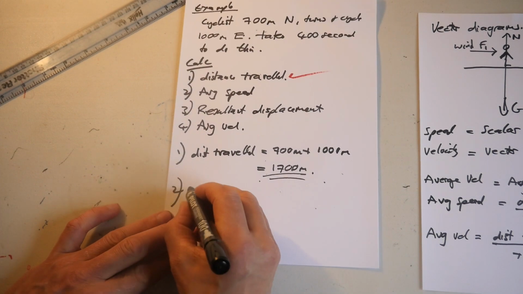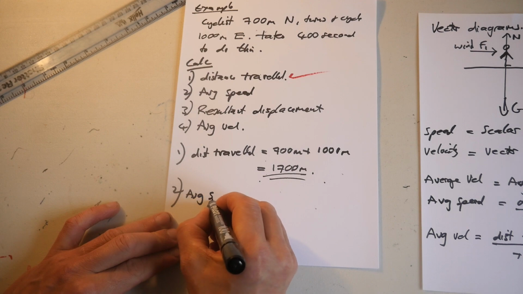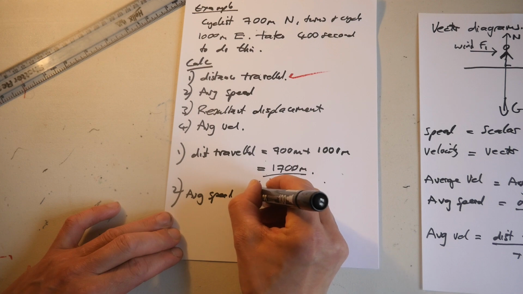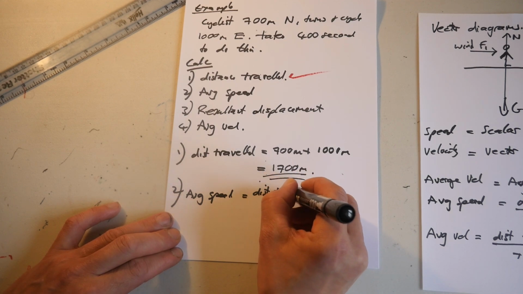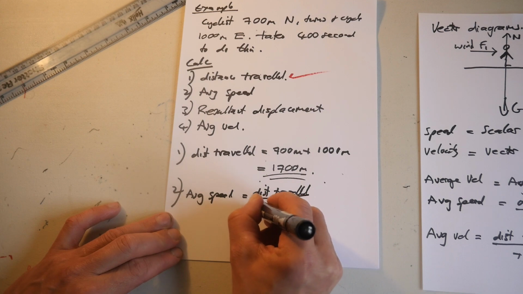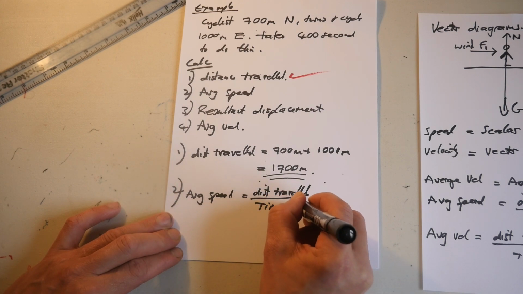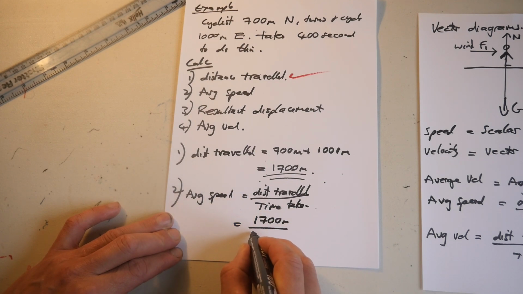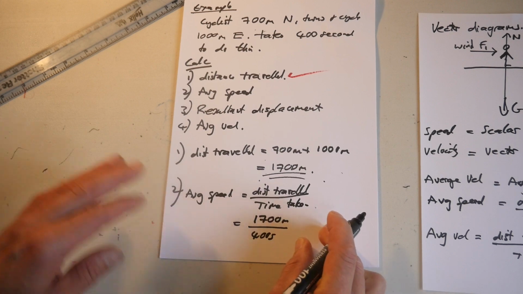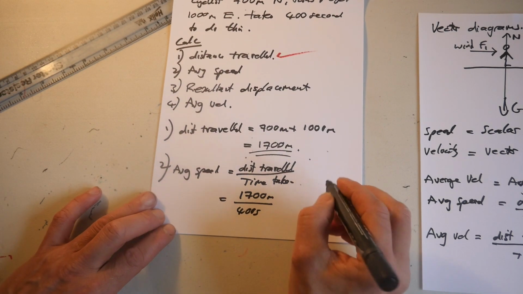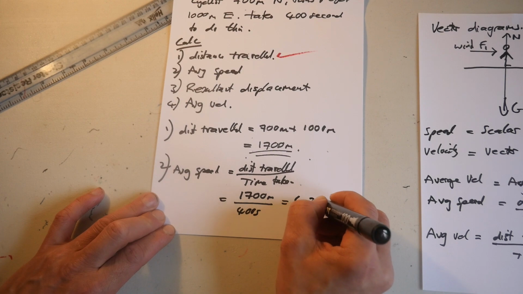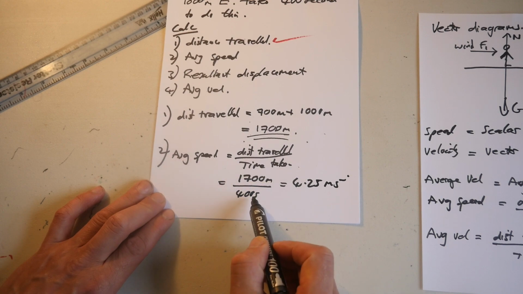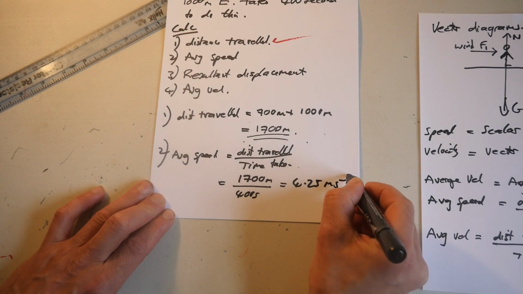The average speed equals the distance travelled divided by the time taken, okay? So it equals 1,700 meters divided by 400 seconds, which comes out at, if you use a calculator, 4.25 meters per second. So meters there, seconds below, seconds come up on top and you get meters per second.